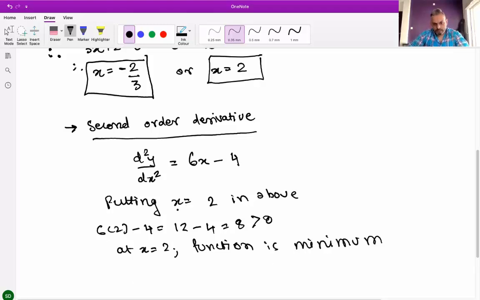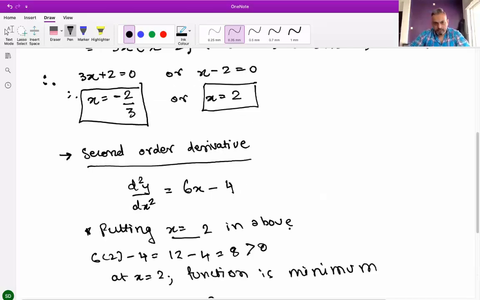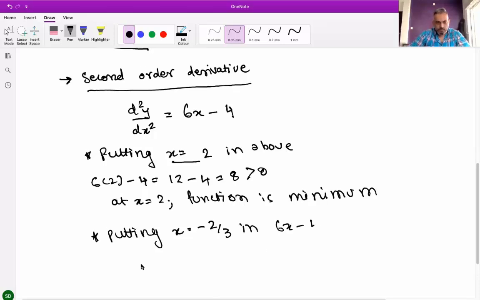Then we take putting x is equal to minus 2 by 3 in 6x minus 4.